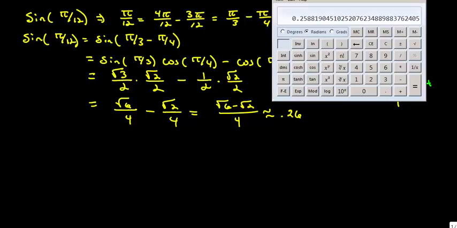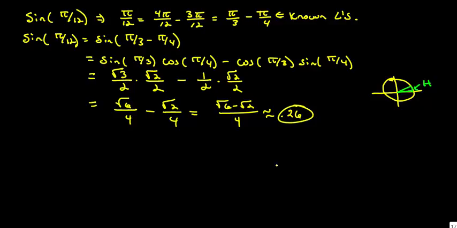If we actually take the sine value at pi over 12, so let's take pi, divide it by 12, and then take the sine value of that angle, we get 0.2588, so 0.26. So we get the same exact value back out. So this thing checks.